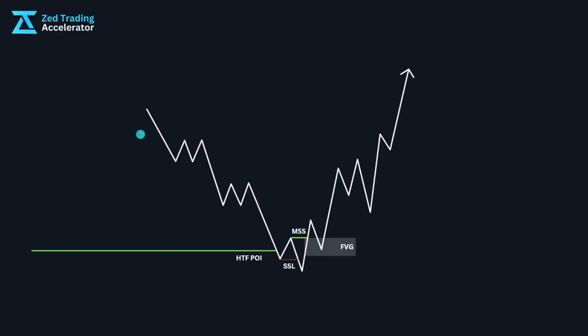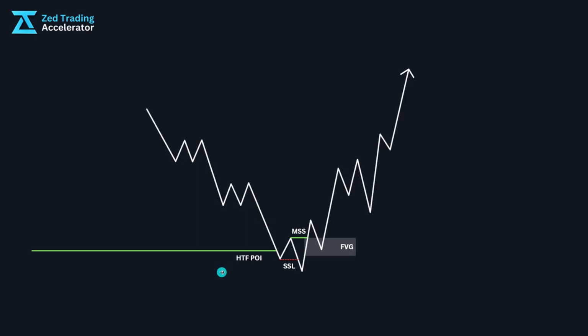So first, if we are bullish, we want to see price go lower and reach a higher time frame point of interest. It might be in the form of a 1 hour fair value gap, an order block, a breaker block, mitigation block, or rejection block. Any of those PD arrays or points of interest.